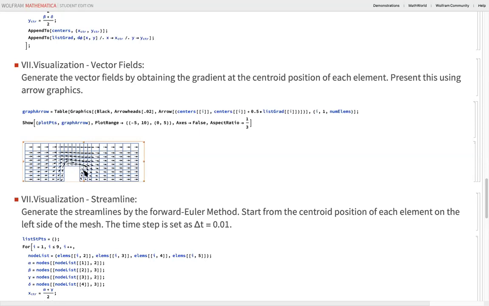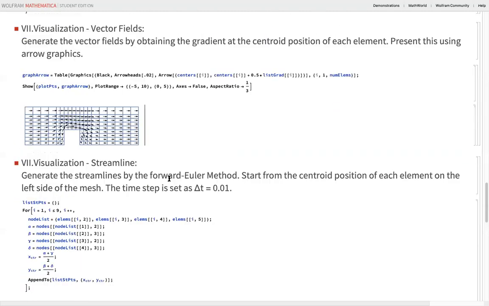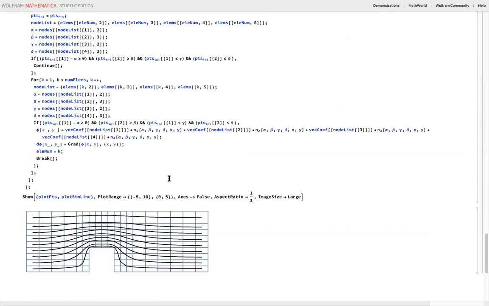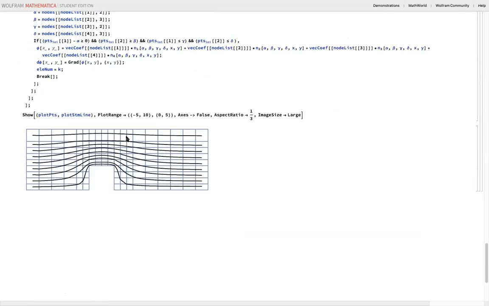Then when it passes through this obstruction, it becomes flat and smooth again. So this is an example of a vector field. And an example of a flow line would be something like this.